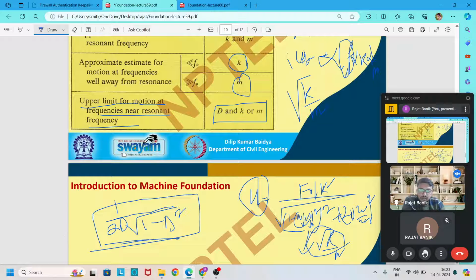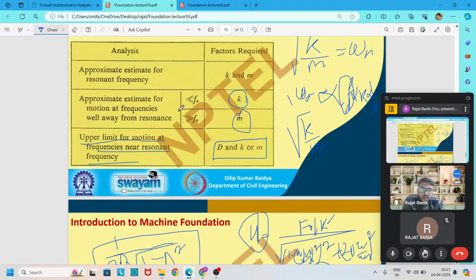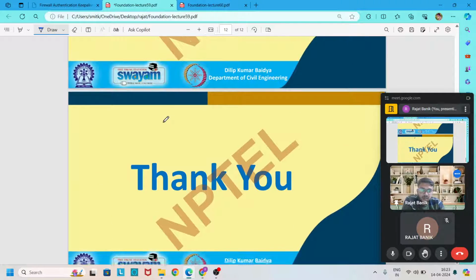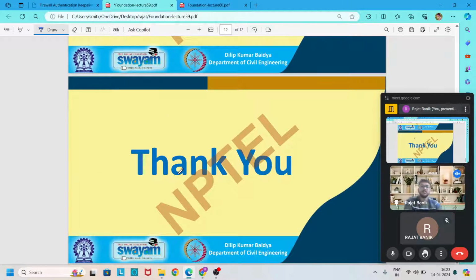So our major design factors are d and k, or sometimes the mass for this analysis. So that's it, the completion of the machine foundation. Now this is the completion of our course.